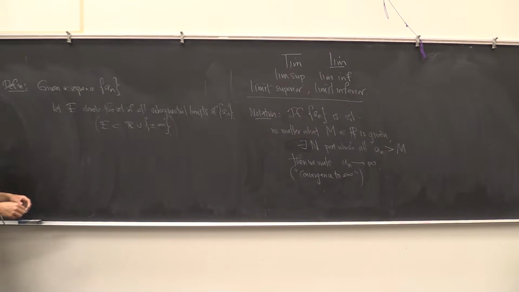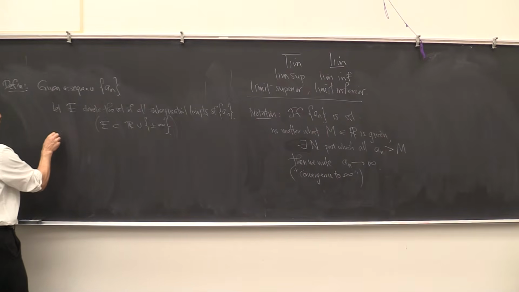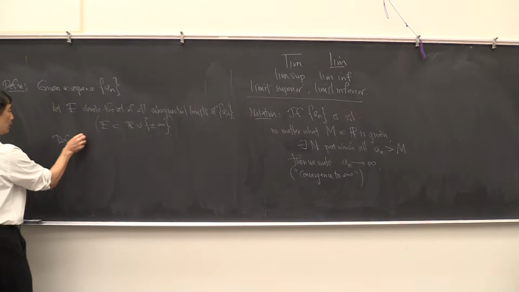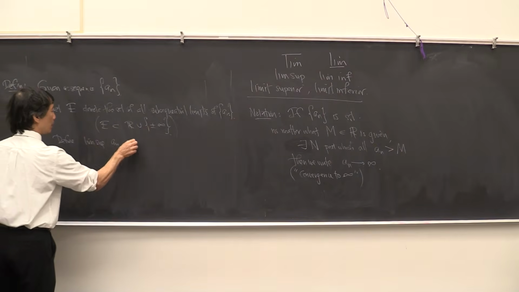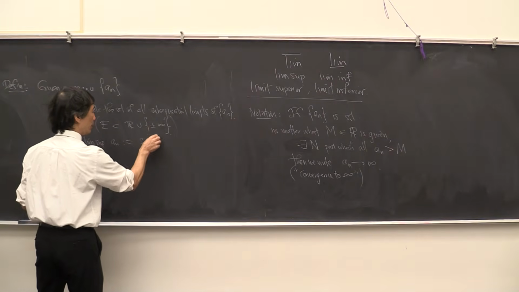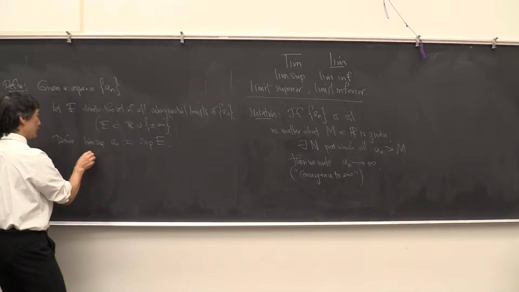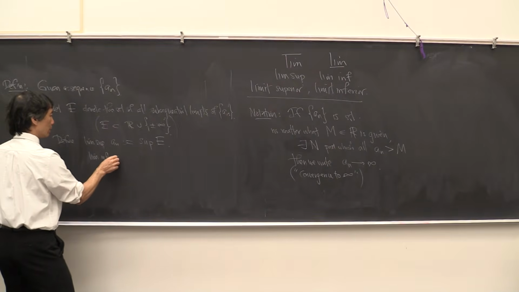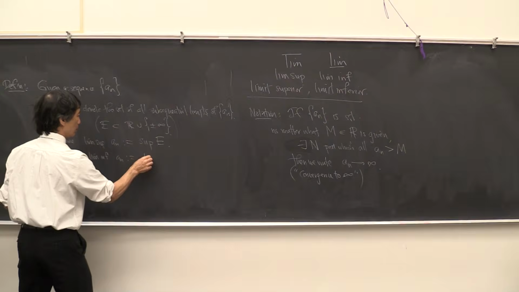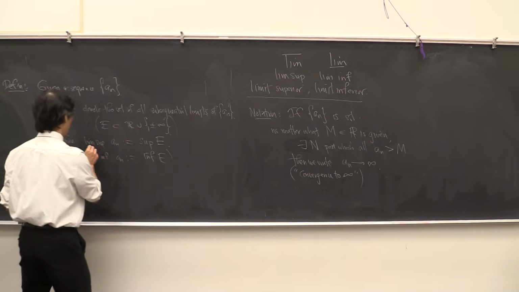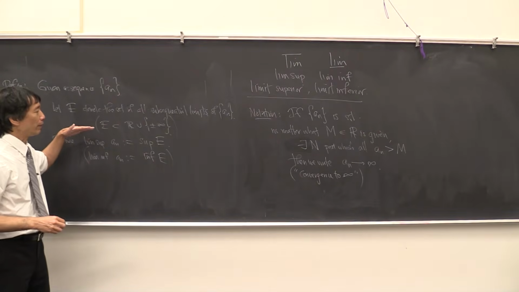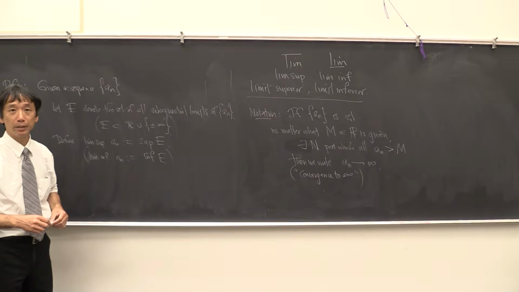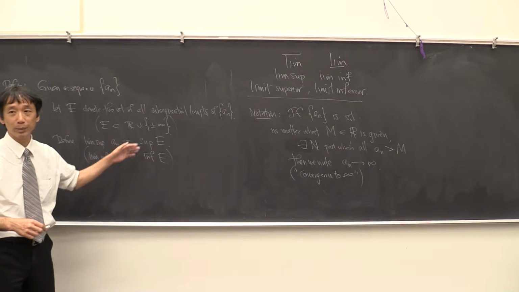Okay. And then you define the lim sup of the sequence as the supremum of E, and the lim inf is going to be the infimum. And that might be infinite. If you have some sequence that goes off to infinity, then you count the supremum to be infinite.